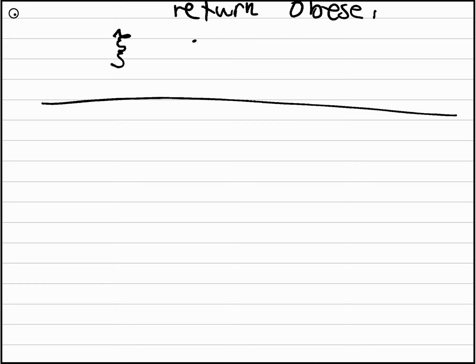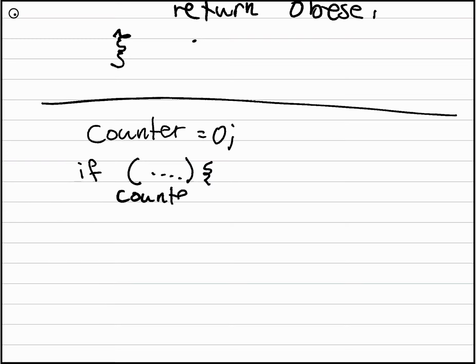Let's say you're doing a completely different method, okay? And let's say you have a counter. So it's not a return statement, it's just a counter, and you set it at 0. Then you have the first statement, some evaluation, it doesn't matter. And then you want to say counter plus 1.